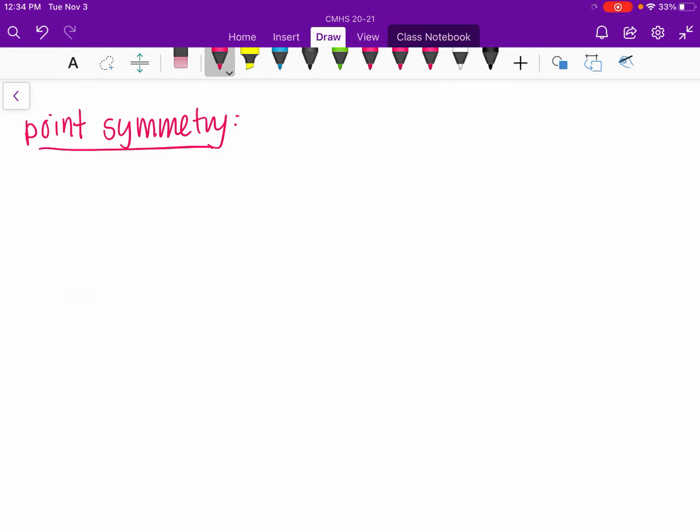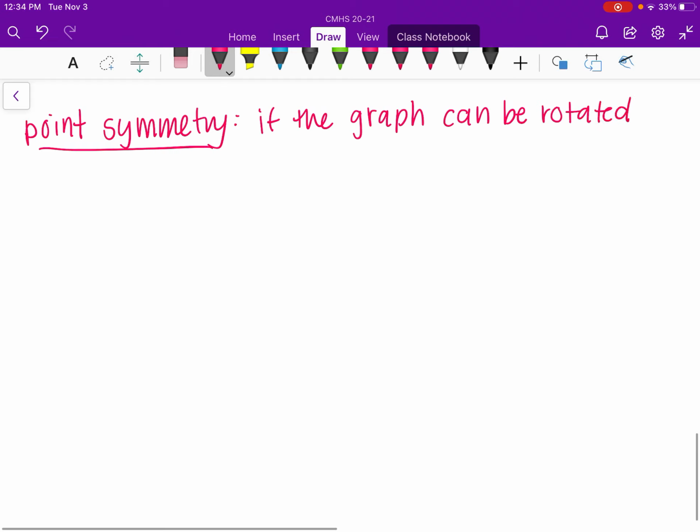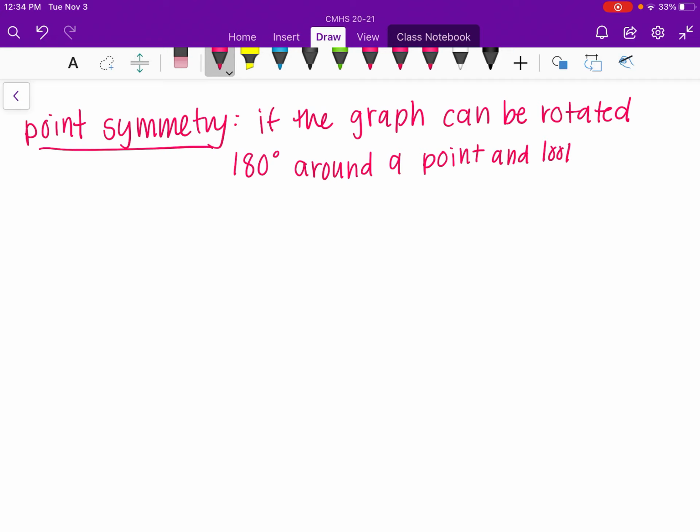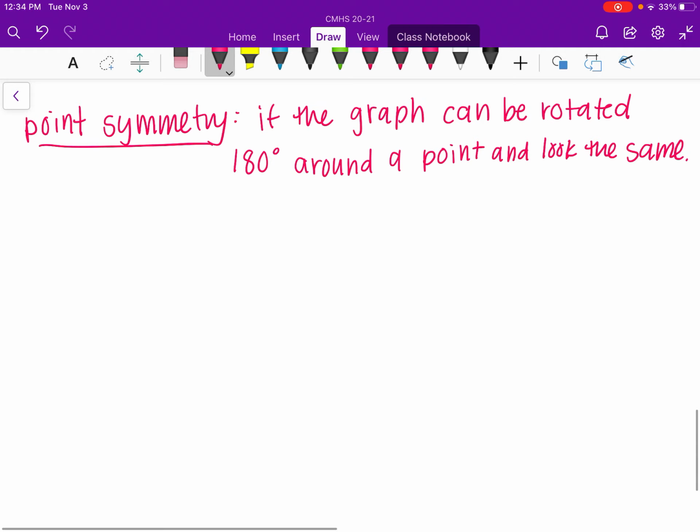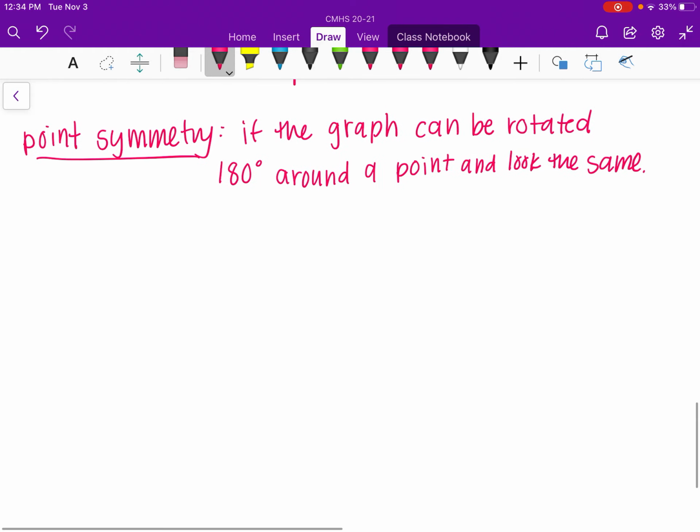And point symmetry is if the graph can be rotated 180 degrees around a point and look the same. So the question I ask myself for this one is, will the graph look the same if you flip it upside down? That's what 180 degrees is.